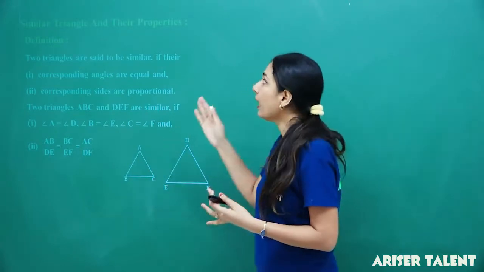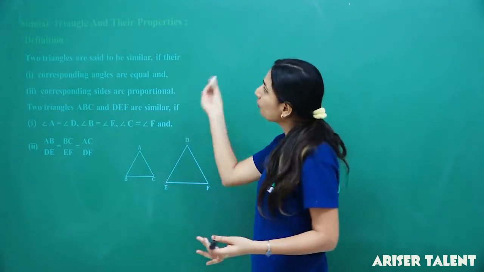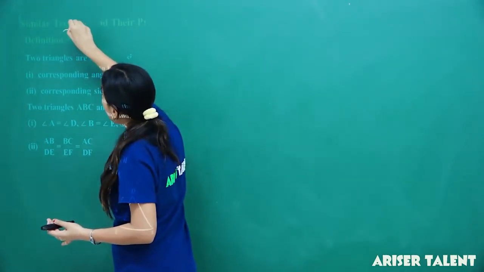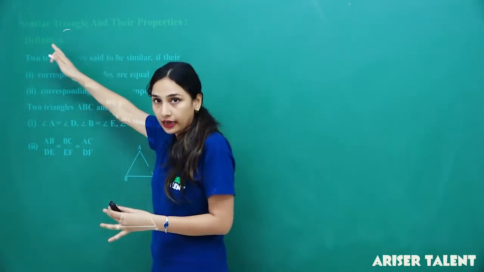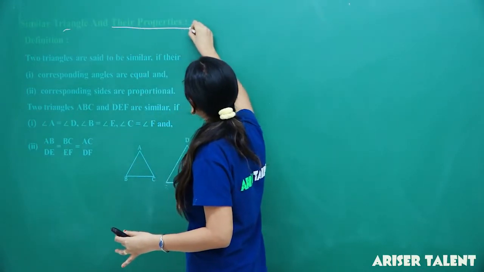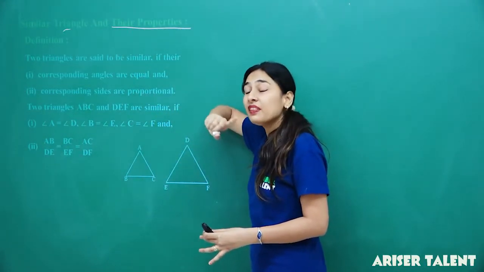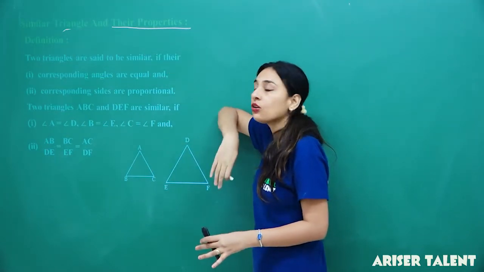So, you have to know the properties of that particular thing. We are studying triangles, and in class 10th, we are focused on similar triangles, not congruent but similar. So, we need to know about their properties and we will check whether the properties are actually working or not.